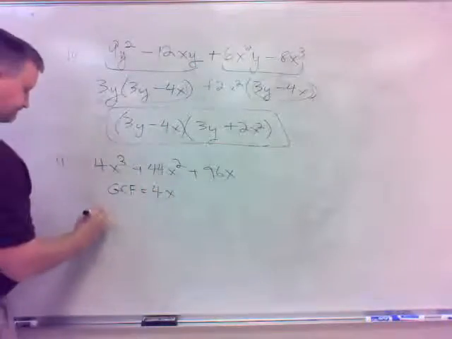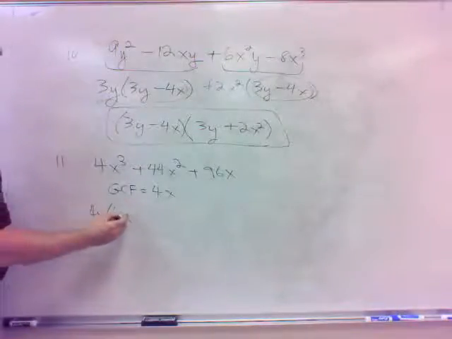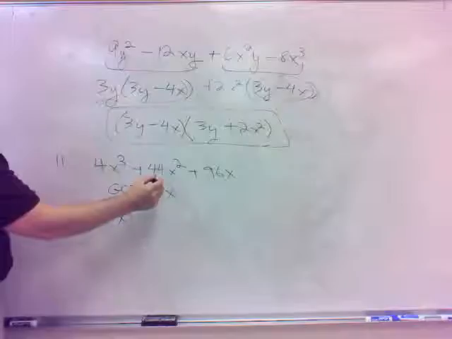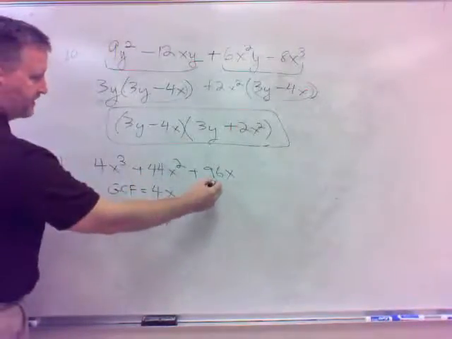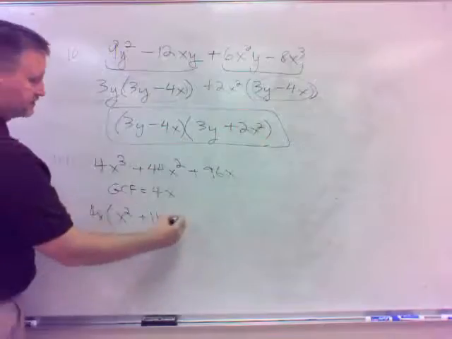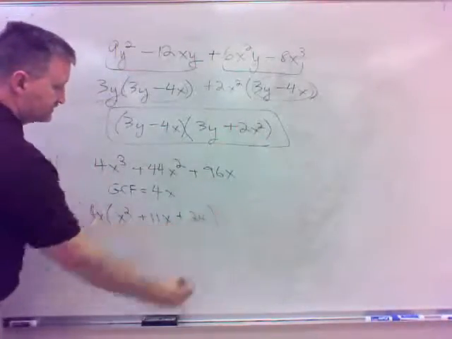Pull it out. What that leaves me, take a 4x off of that, leaves me x squared. 4x off of that, leaves me 11x. 4x off of that, well, 96 divided by 4 is 24. Take an x out, so the x is gone.